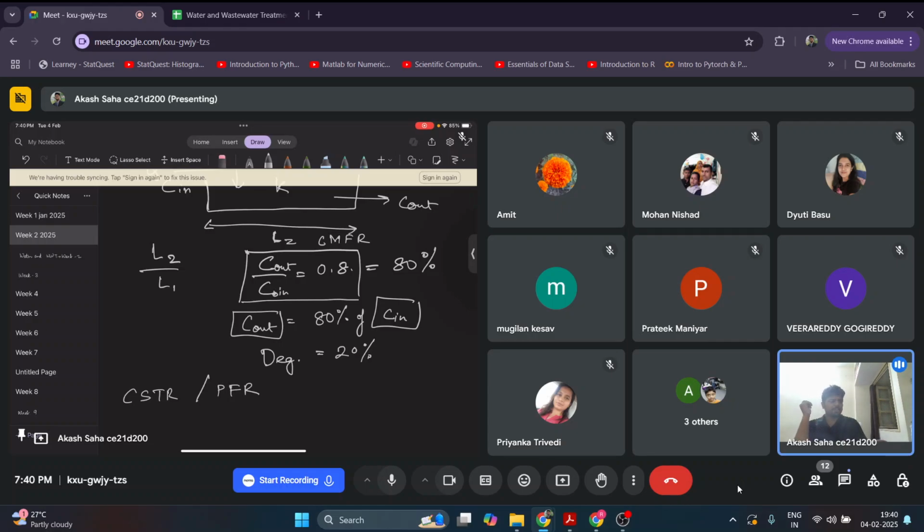Did we derive an equation for time? We have derived the equation for T PFR and T CMFR.